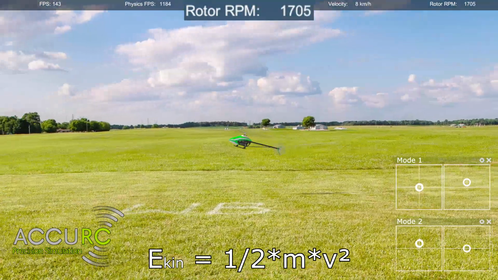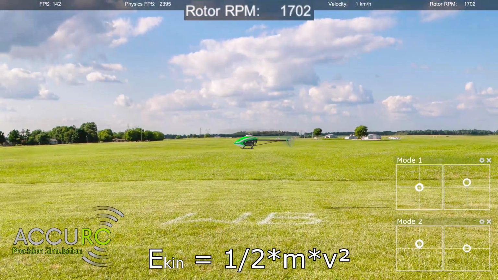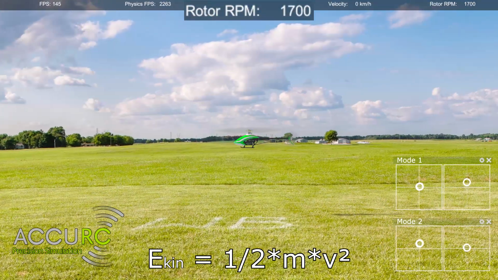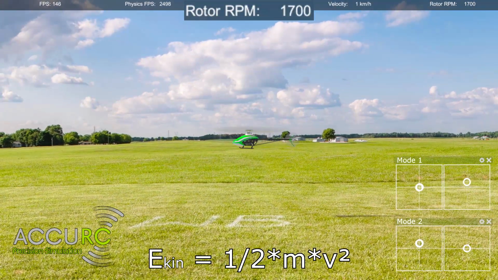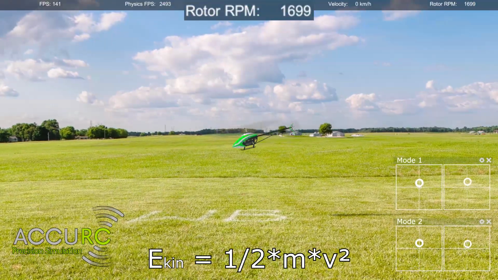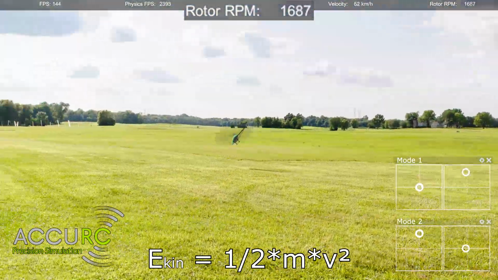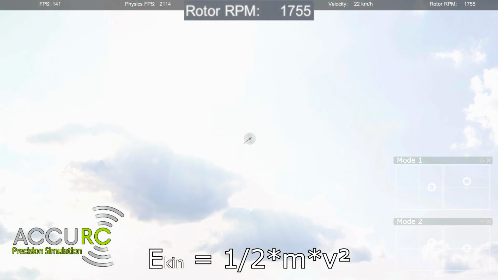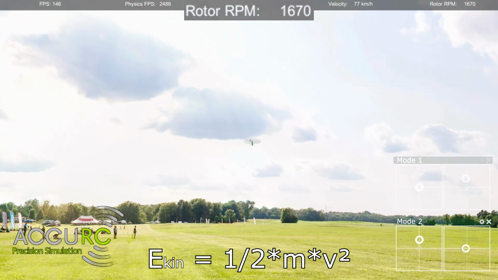So obviously I do not have any linear velocity in a hover, so my kinetic linear energy is essentially zero. But if I accelerate, I have a set amount of linear kinetic energy, which I can use to do other things.